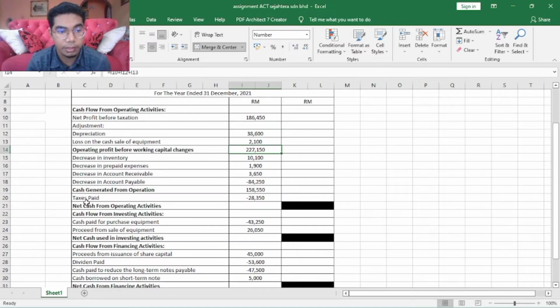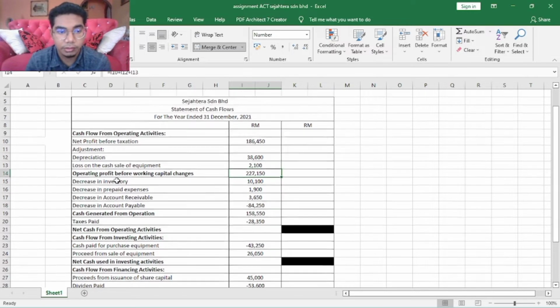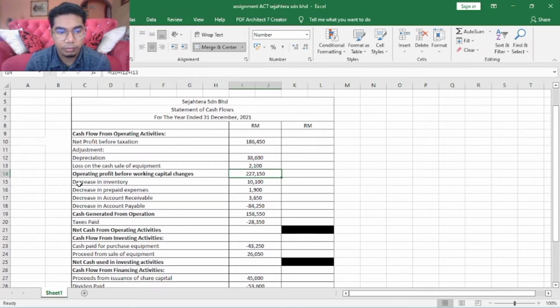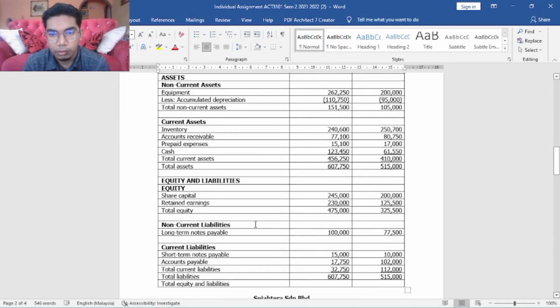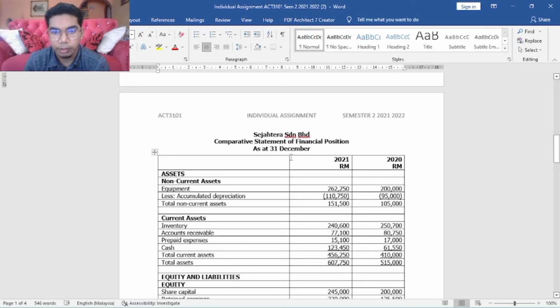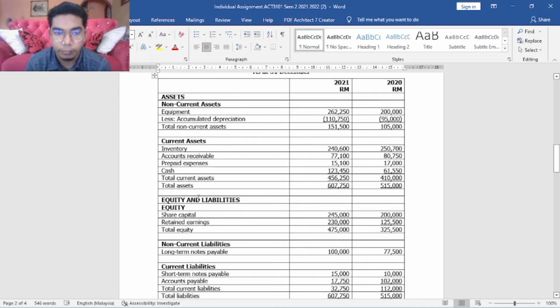We want to find cash generated from operation. How do we get the cash generated from operation? We total up the items: decrease in inventory, decrease in prepaid expense, decrease in account receivable, decrease in account payable. So the question is, how do I find the amounts? They are found in the comparative statement of financial position.